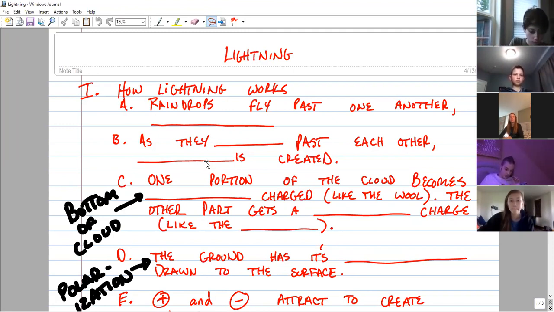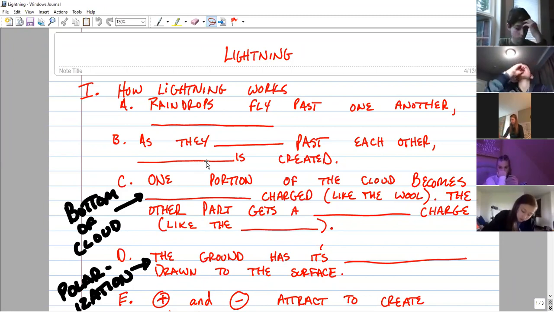Static electricity, eventually, yes, but we don't get static electricity without friction. Friction is a force that exists in nature that can remove electrons. As they slide past each other, they create friction.